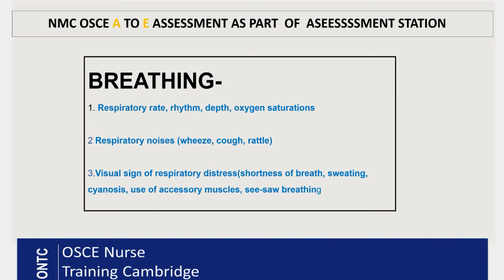Looking at your actor, you will be checking that they're not using any accessory respiratory muscles, like the diaphragm, because that would normally give you a seesaw breathing. If your patient is struggling and using accessory muscles, their chest is going to look like there is a seesaw movement. Are they sweating, or is there any color change, any cyanosis? You will be looking at that.